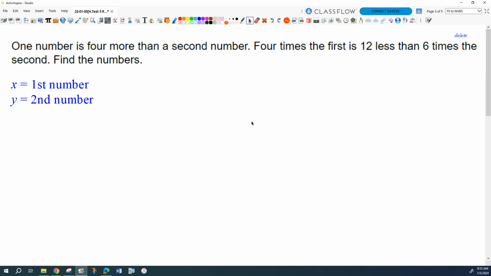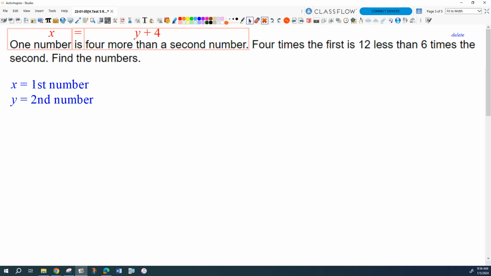So now we've got to come up with two equations. Where's the first equation coming from? Okay, good. The first spot, and then what's that going to look like? X is, just looks like that, doesn't it? Right? One number is X, is means equal, 4 more than the second is just Y plus 4.